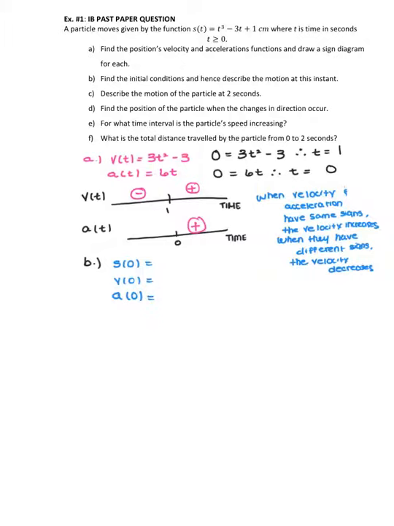Because it's position, but 1 meter from what? From the origin, right? Because if S of 0 equals 0, that means it's on the reference point, on the origin. But if we get a positive number, which we do, this means the object is 1 meter from O, our origin. Oh, 1 centimeter. Thank you.